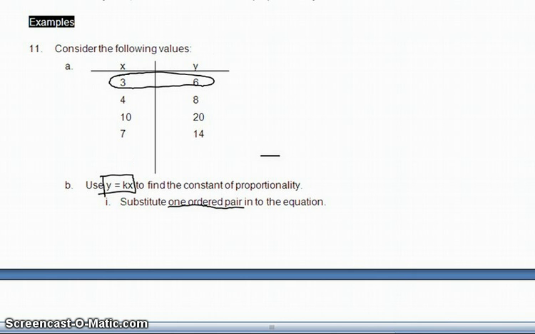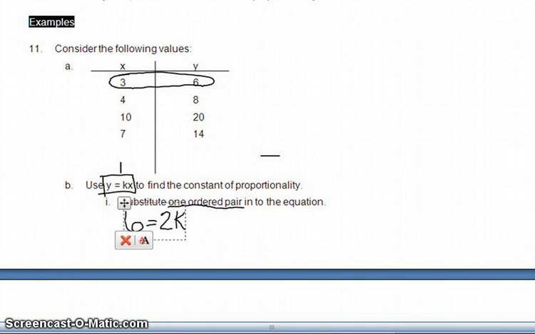So doing that, we're going to use y equals kx. So I'm going to substitute 6 for y and 2 for x, and I'm going to put my k. To isolate k, I'm going to divide. Oops, I wrote the wrong thing down.